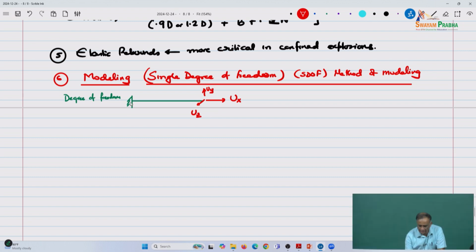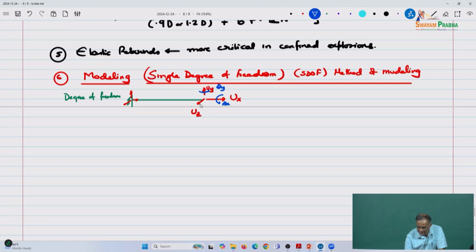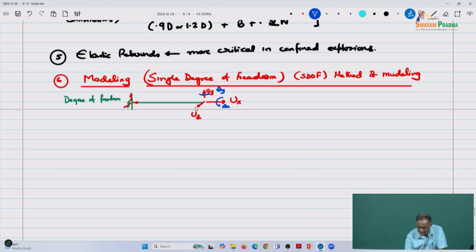At each node you have the same thing. Of course, here they are constrained, and then you also have your rotational degrees of freedom, theta x, theta y and theta z. So in general, a structure, even a simple structure like this, has 6 DOFs per node.